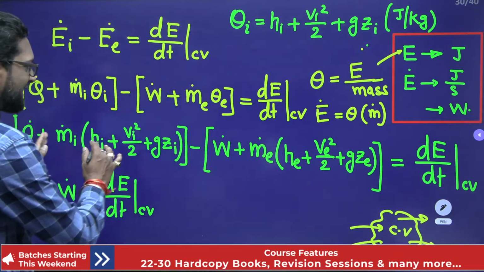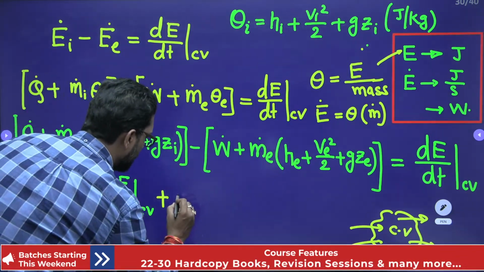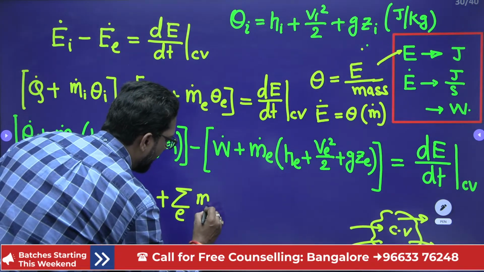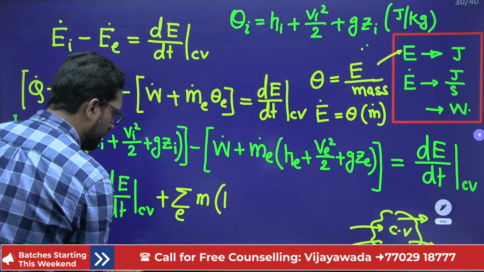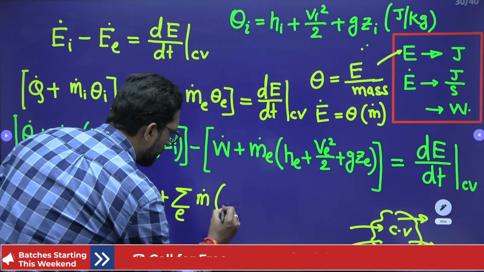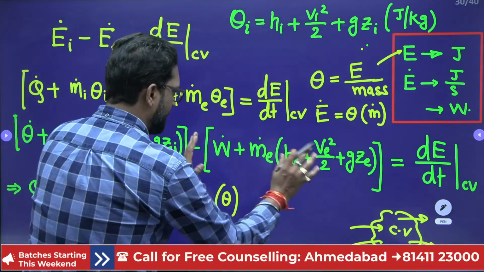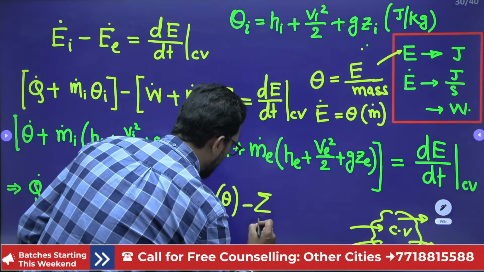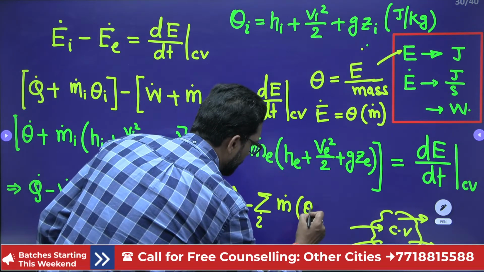So we can write like that, plus summation of exit m dot theta. This is your exit, okay, minus summation of inlet m dot into theta.